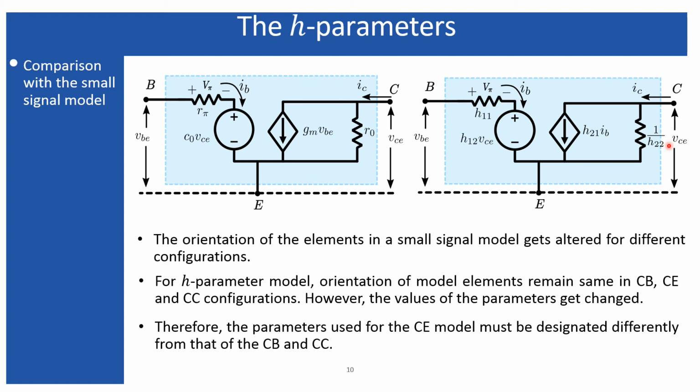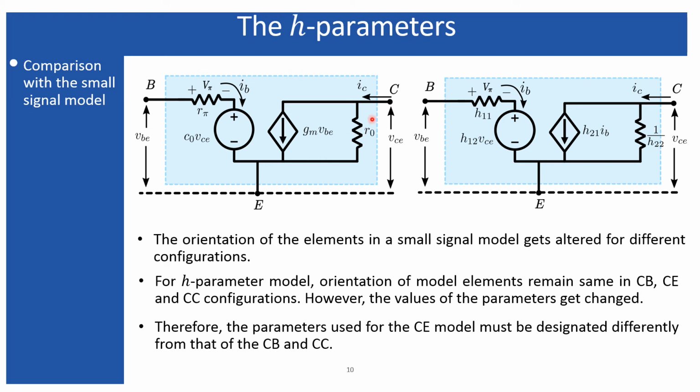The small signal model is very good, but it is associated only with the common emitter configuration. If you change the configuration from common emitter to common collector, say for example, for common collector, this collector terminal will appear over here, and the emitter terminal will be considered as the output terminal.